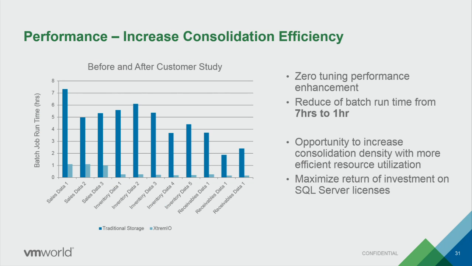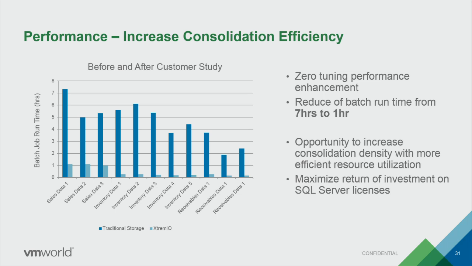And this is an actual customer deployment case. So they are measuring the SQL Server batch runtime before and after migrating their workload from traditional storage to XtremIO. And they were able to reduce the batch runtime from 7 hours to 1 hour without any tuning, just by migrating the workload to XtremIO.